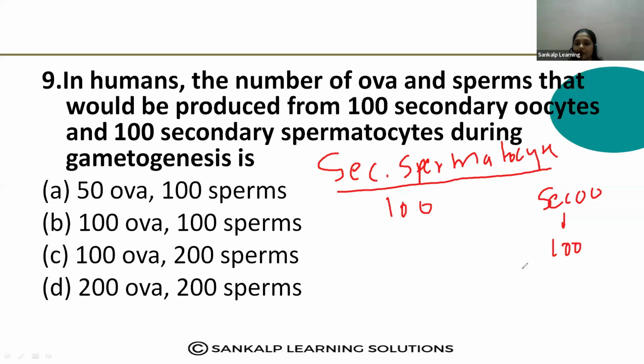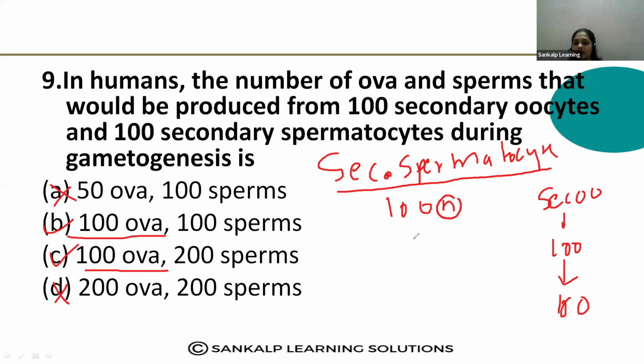Ninth one. You know that secondary oocytes will undergo the second meiotic division and form only one ovum, because it is producing one polar body. So 100 ova are produced. So here you can take option B and C. You can eliminate the first and last options. Then secondary spermatocytes are haploid in number.